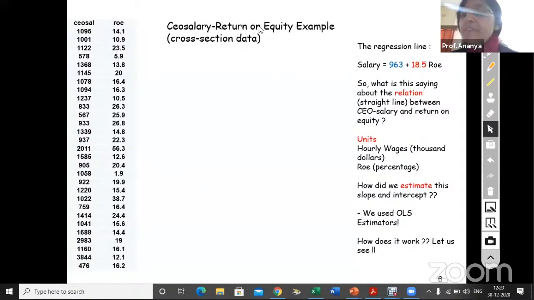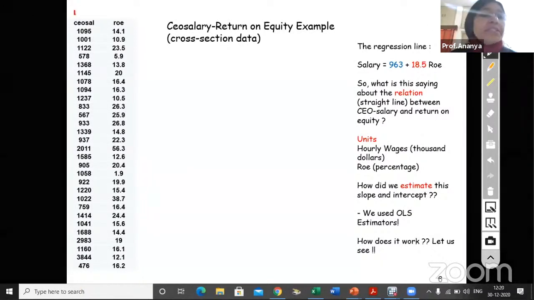For different firms, I have a dependent variable, Y, which is how much CEOs are paid. Their salaries are dependent on X, which is an indicator of firm performance. So is there any relation between how well a firm performs and how much it pays its CEO?